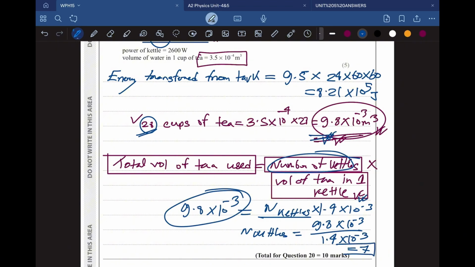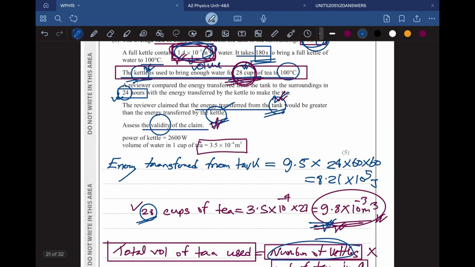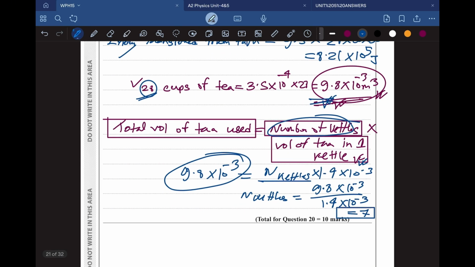So basically they used 7 kettles to bring these 28 cups of water.